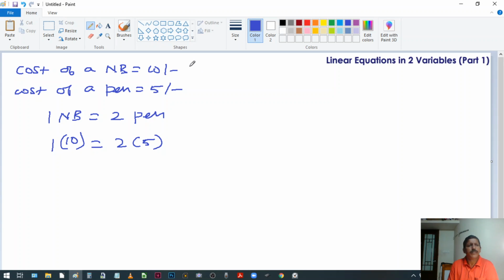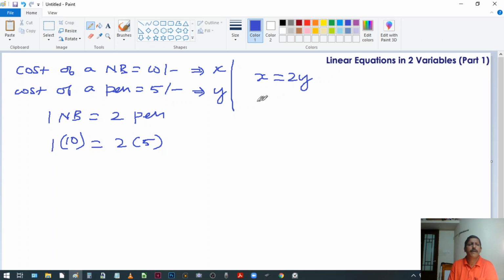Now let me take the cost of a notebook as x, and the cost of a pen as y. Earlier we saw an example, x is equal to 2y. That was the example I gave you some time back.